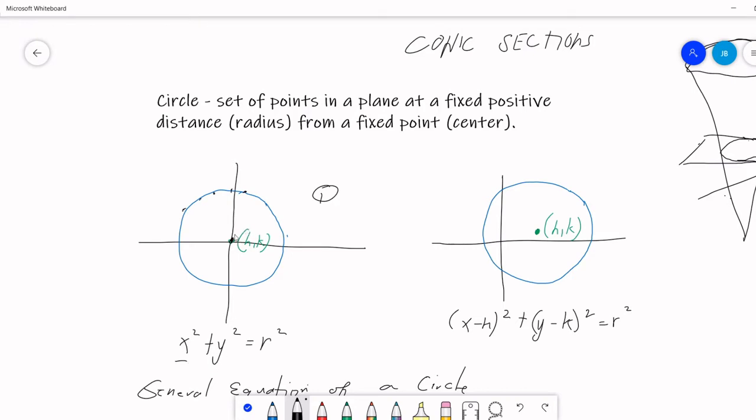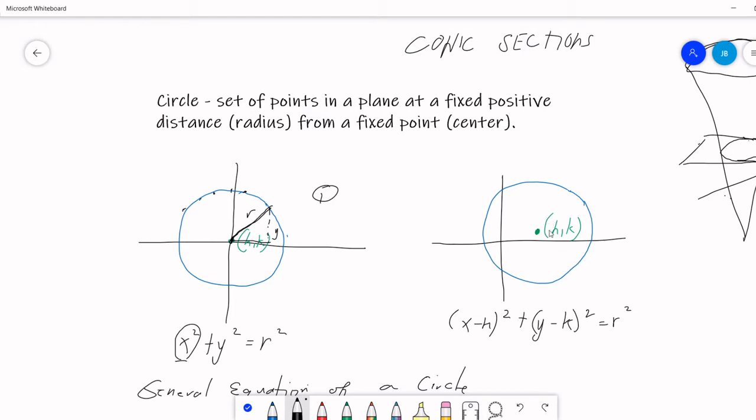From this point to this point is what we call the radius. Then this is x, and this is y. That is why we have the formula of x squared plus y squared equals r squared.